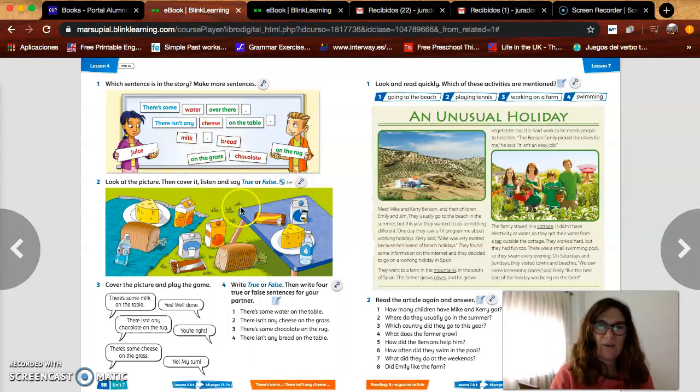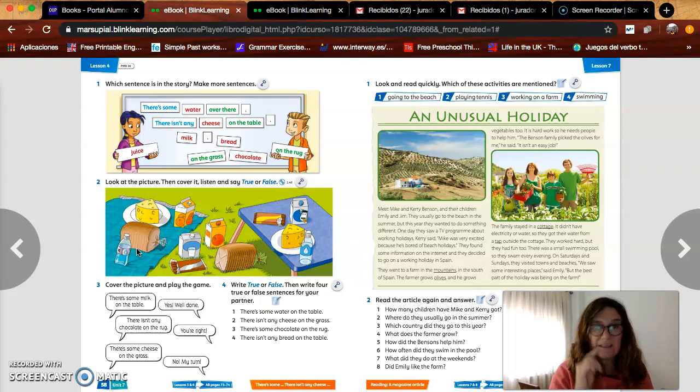All right, so here we have a table on the grass, and here we have a rug on the grass. So pay attention and write down the sentences you listen. Write in your notebook the sentences you listen, and then write if they are true or false.